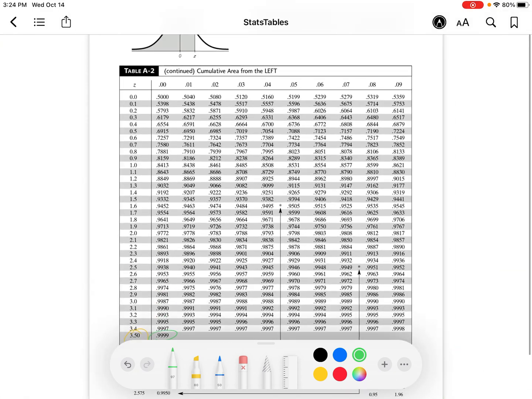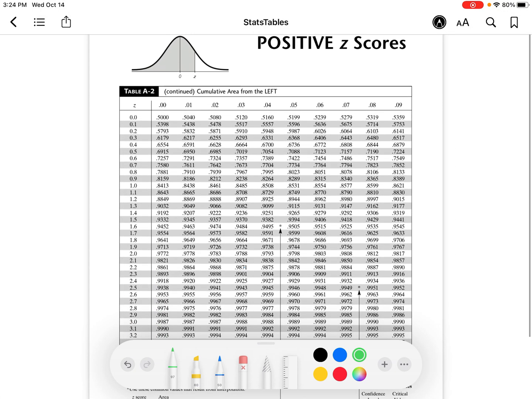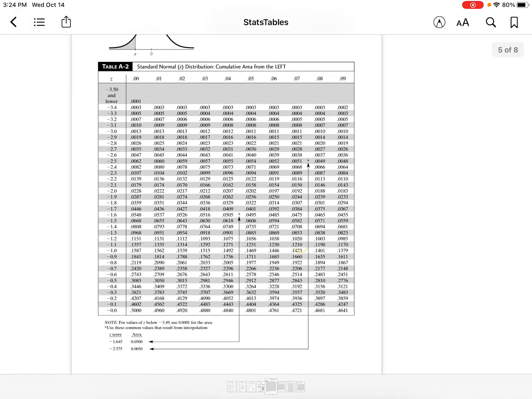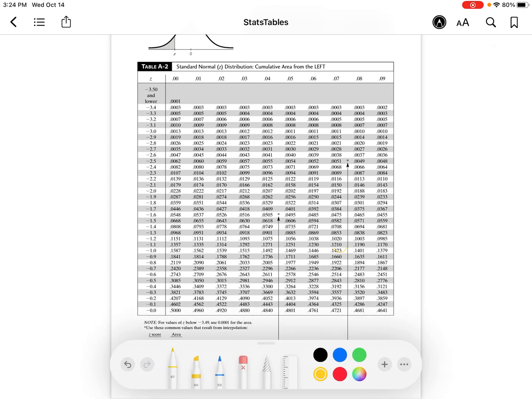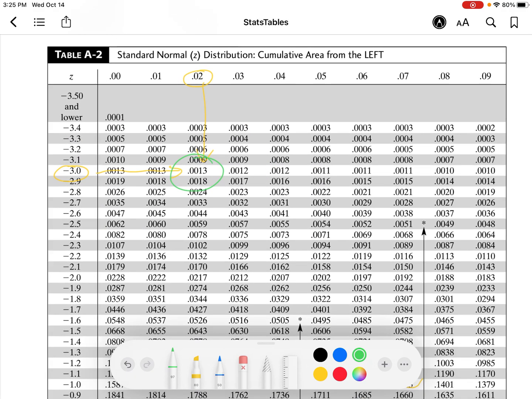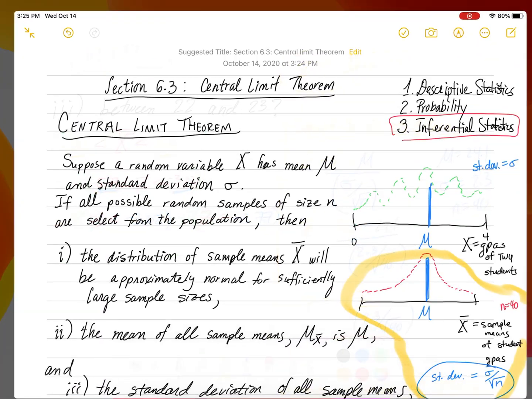So here's negative 3.02 first. There it is, negative 3.02, and here's the area, 0.0013.